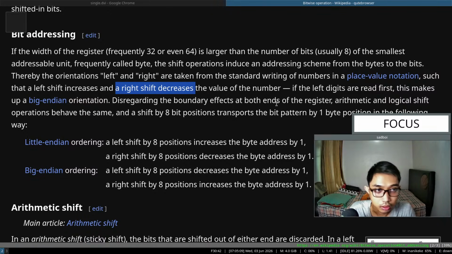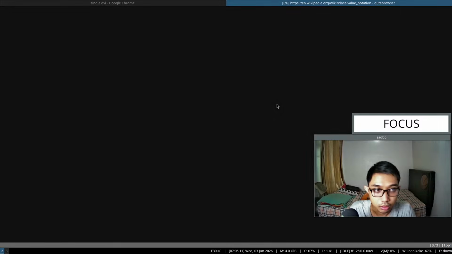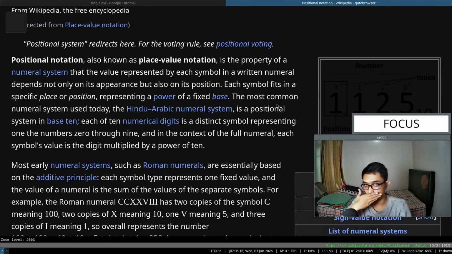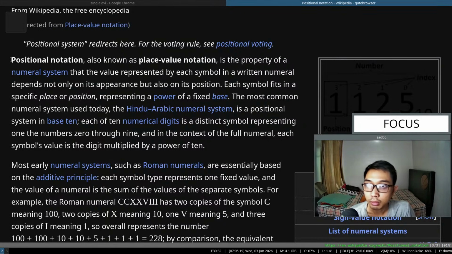Okay, wait a minute. Let me open this. Positional notation, also known as place value notation, is the property of a numeral system that the value represented by its symbol in a written numeral depends not only on its appearance but also on its position.